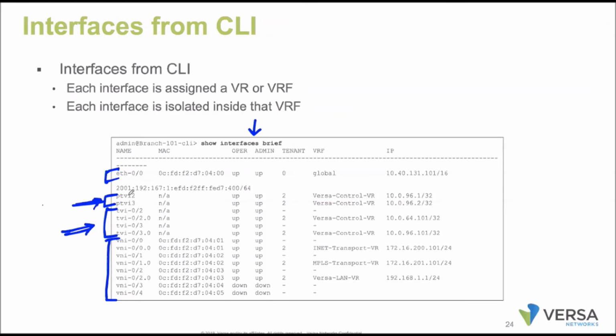Okay. Right. So what is going to happen? All these interfaces will be placed into one routing instance or another. If I take an example, VNI 0/0 is placed in the INET transport VR, VNI 0/1 is placed in the MPLS transport VR, and VNI 0/2 is placed in the Versa LAN VR.